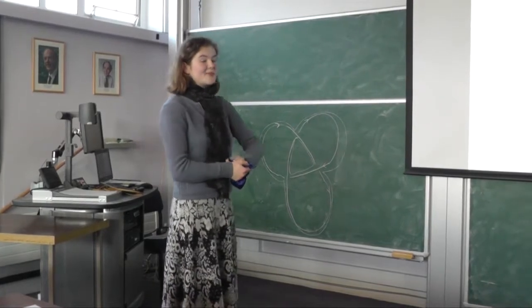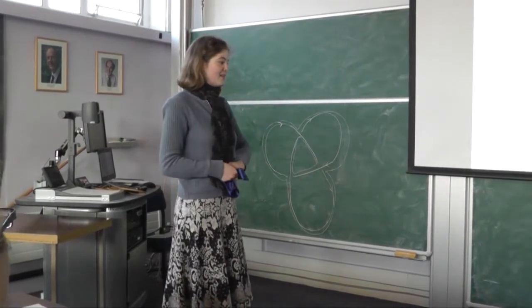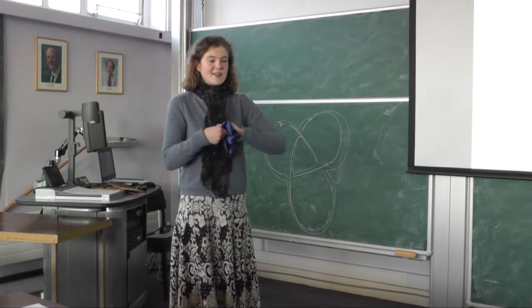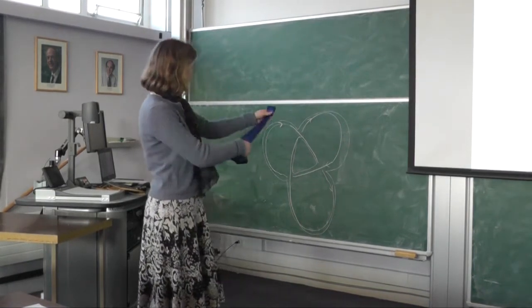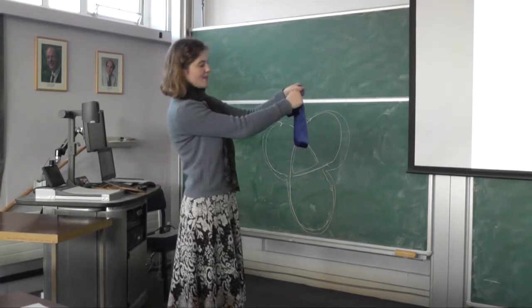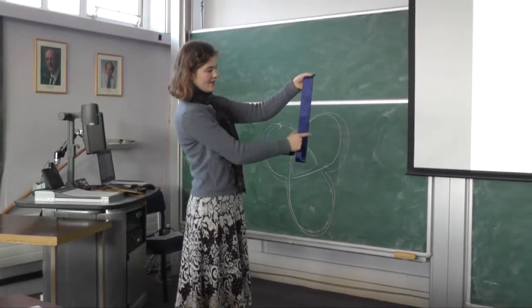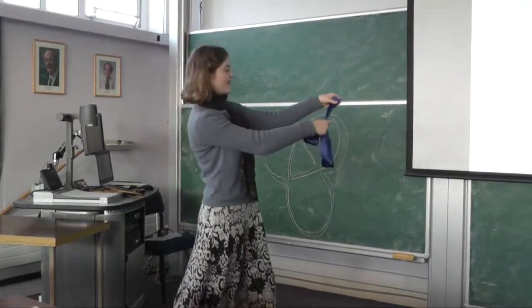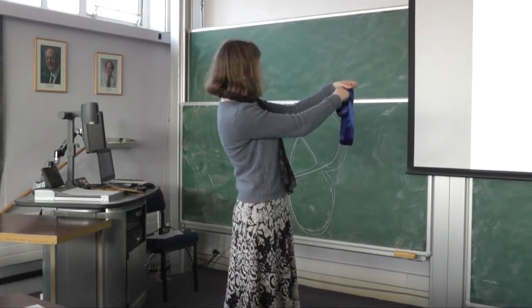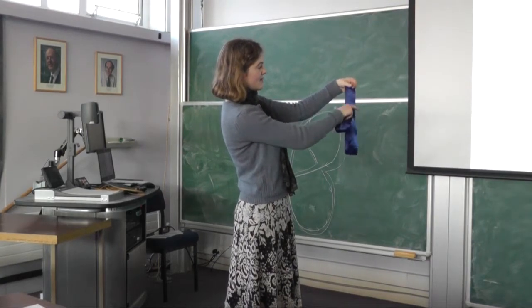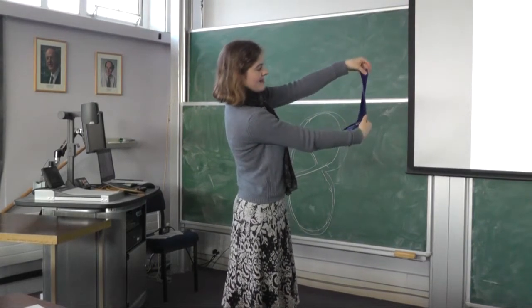Actually, I forgot to mention this, but the Seifert surface is meant to be the surface bounded by the knot. So we want the strands of the knot to be like the edges of the surface. And so when at the crossing, the strand comes that way and then it goes over the other strand, so we have to twist it like that.